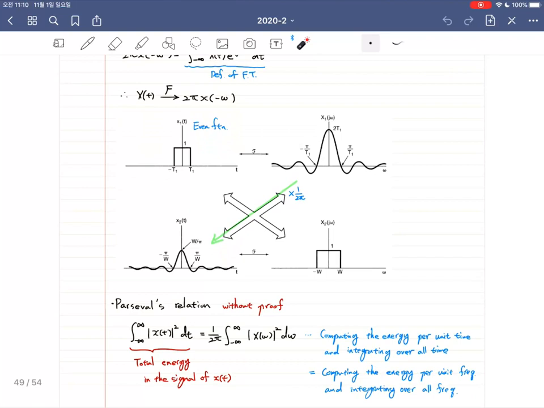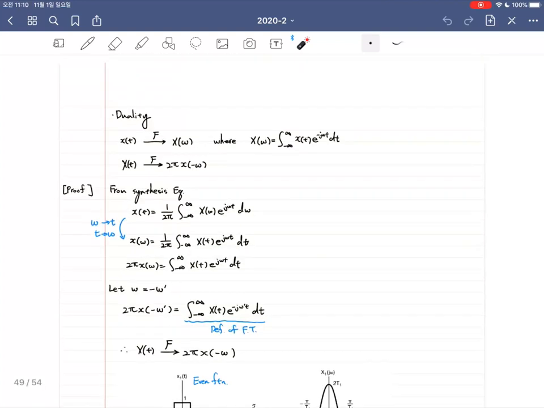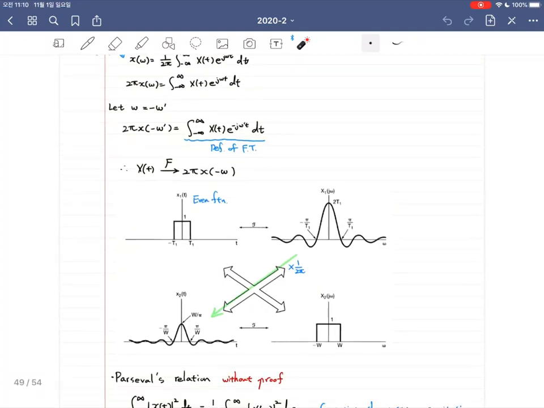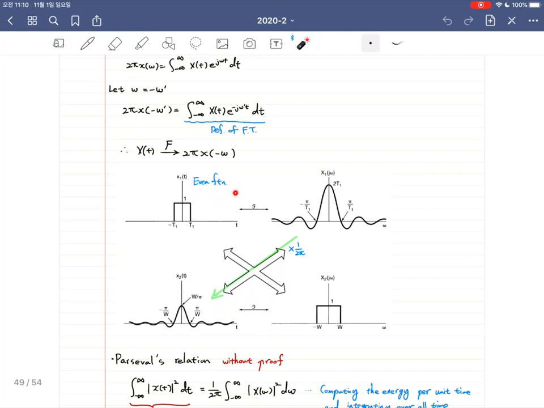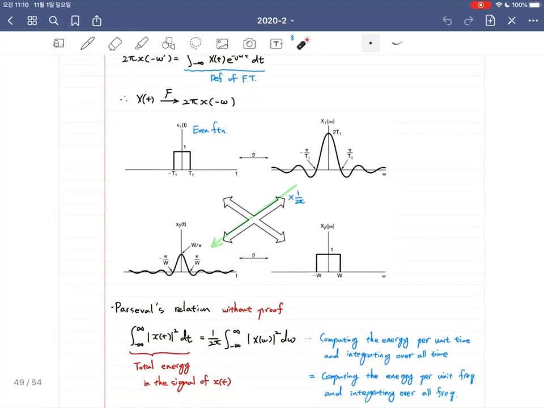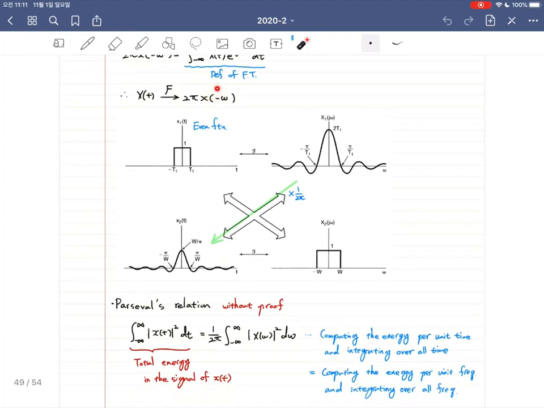And we started with the even function, therefore you cannot witness this minus omega here. But if you do this duality, if you do this Fourier transform twice with a normal function, then you will observe that x of minus omega in this result.